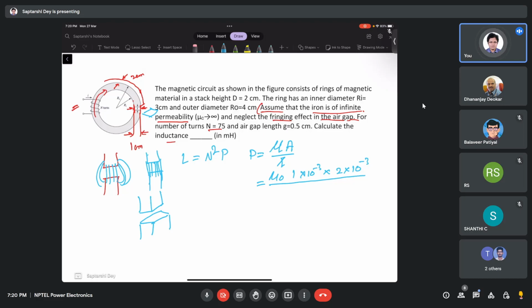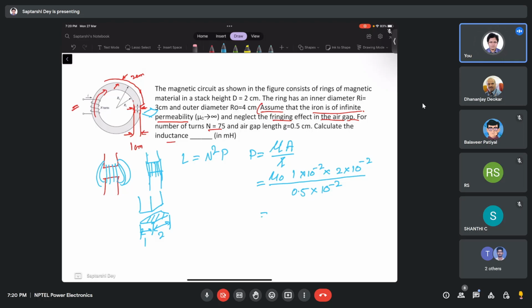So the area is the area of this: the depth of the core, which is 2 centimeter, and this, which is 1 centimeter. That is the area, divided by the length of the flux path, which is 0.5 centi. Everything is centimeter.